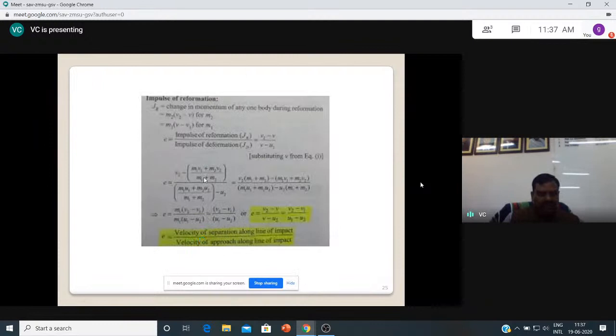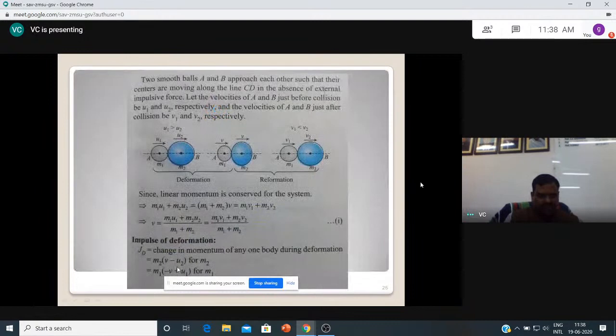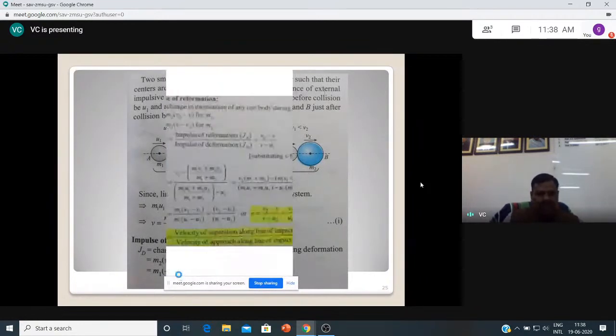Now let us see, this is the coefficient of restitution, m2v2 minus v, v minus v1, the change in momentum during deformation, this part. Okay. This is before, and this is after.